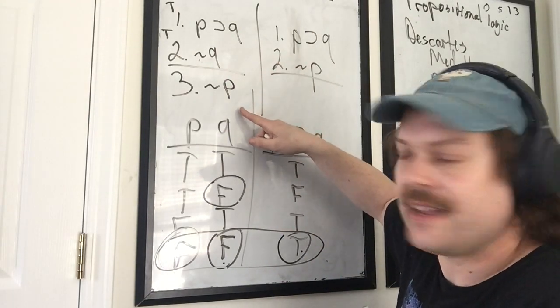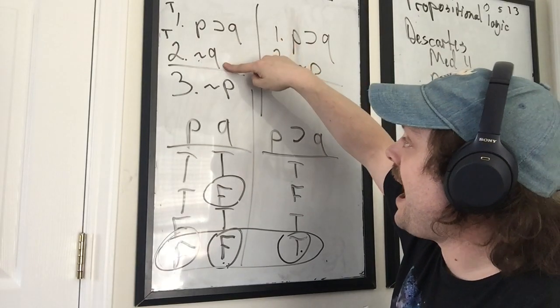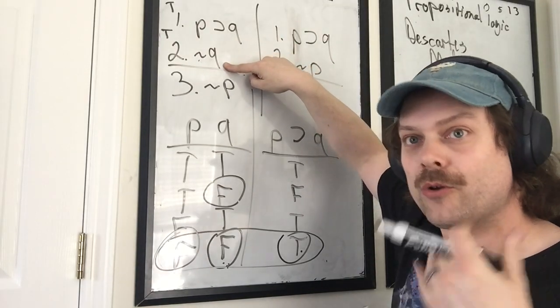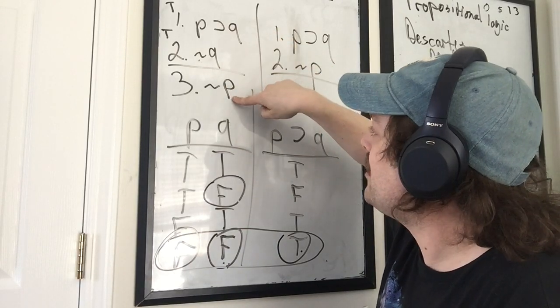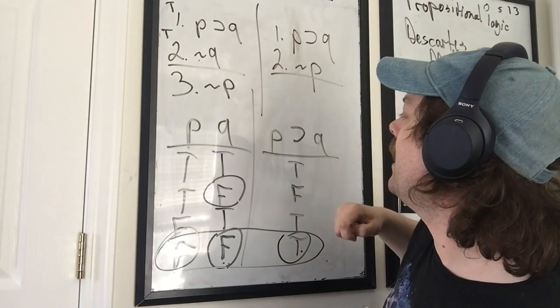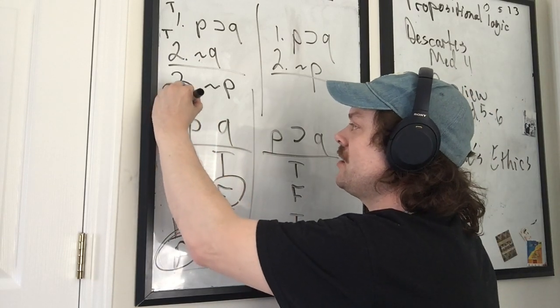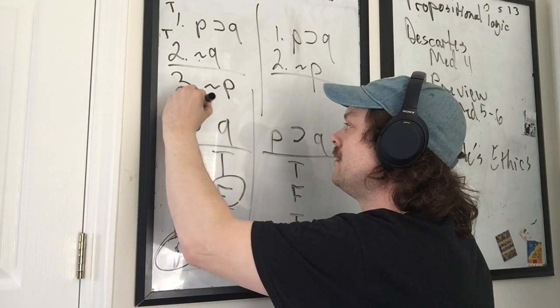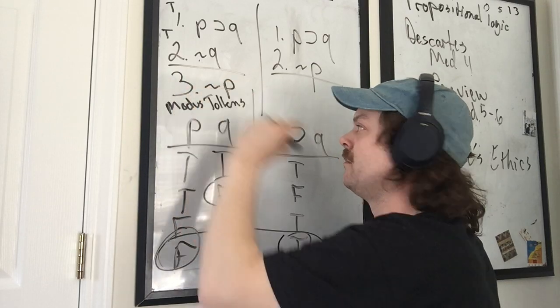We're going to write not P. So if you've got a conditional and you get the denial of the consequent, then you get the negation of the antecedent. This is a valid inference. We call it Modus Tollens. The way of denial.